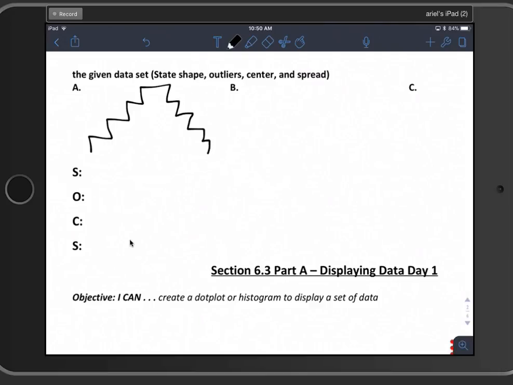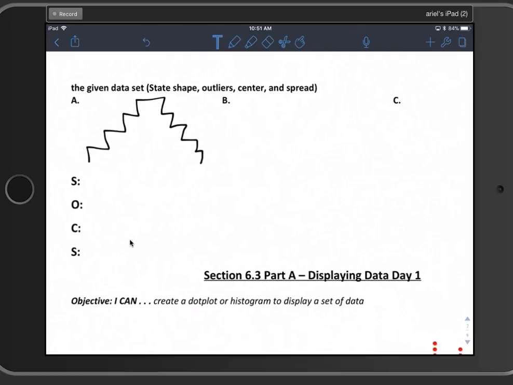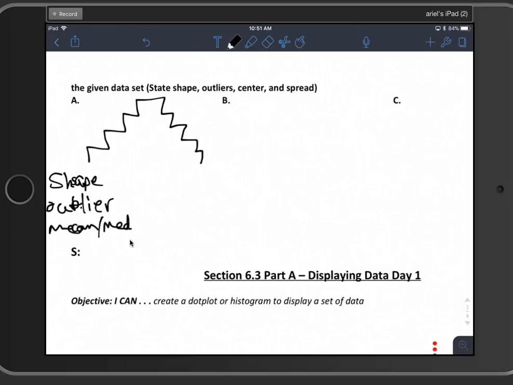And it's not going to say Socs, I'm going to ask you for the shape. And I'm going to ask you if there's an outlier. And I'm going to ask you what the mean or median is. I'm sorry, my handwriting's horrible today. And then I'm going to ask you for the spread.